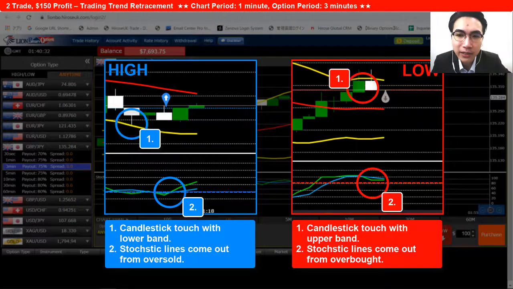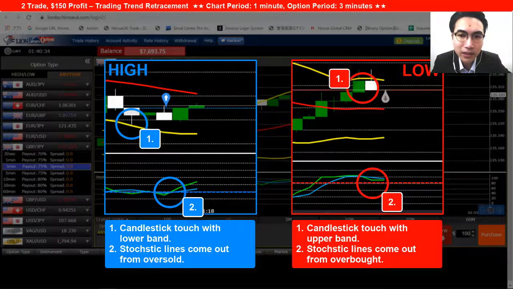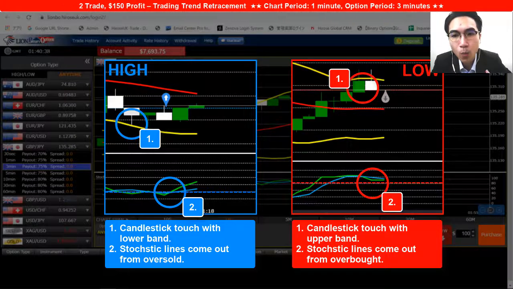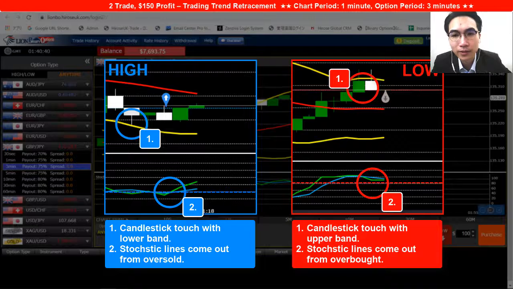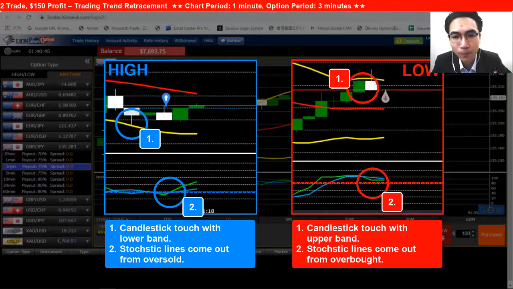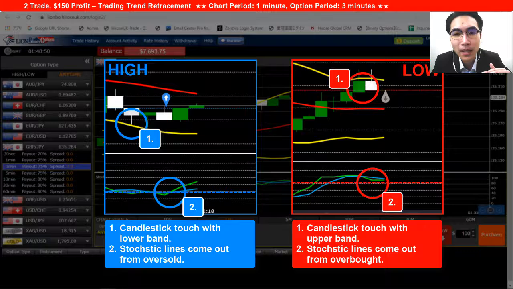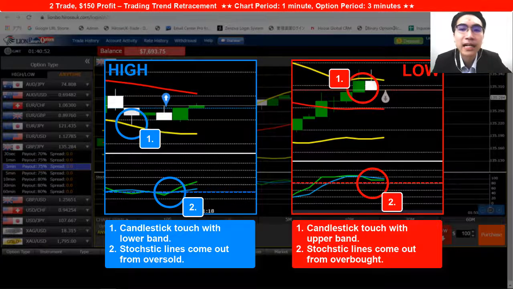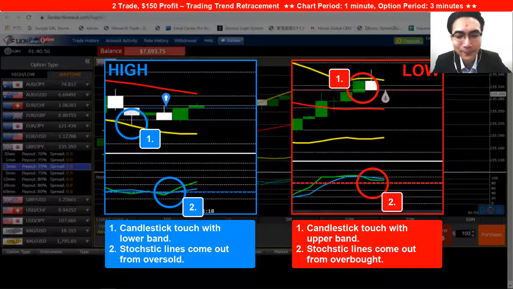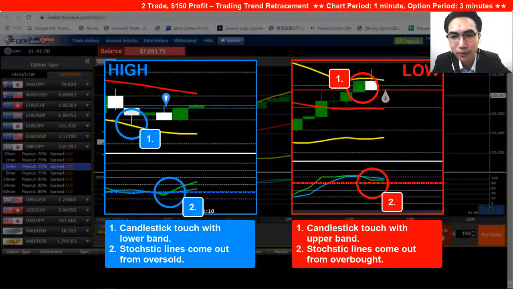After the candlestick touches the lower band, you move on to the Stochastic, and wait until the two lines in Stochastic come out from the oversold area, which is above 20. We wait for the lines to come above 20, and then we open a high position. Pretty simple.